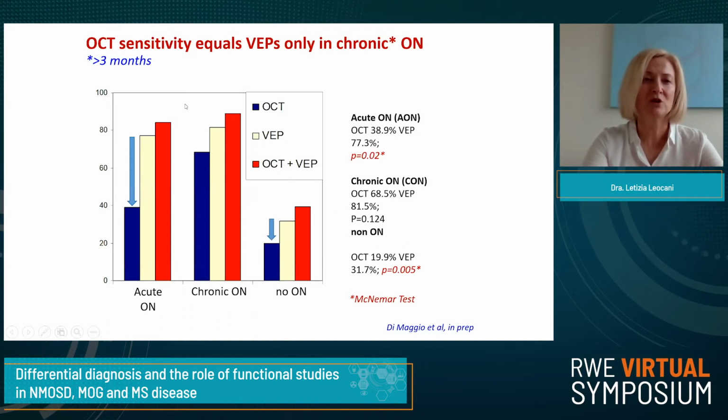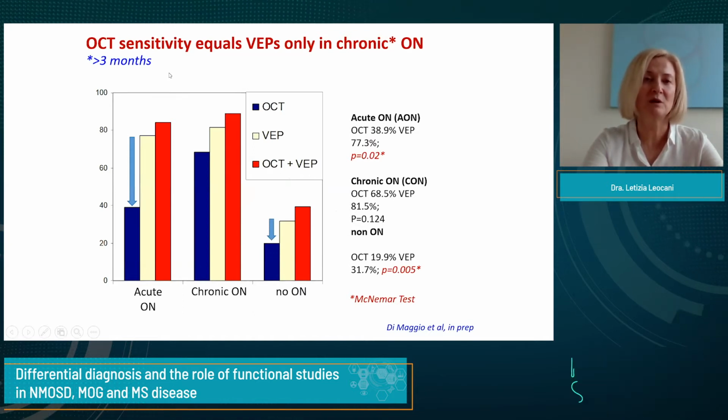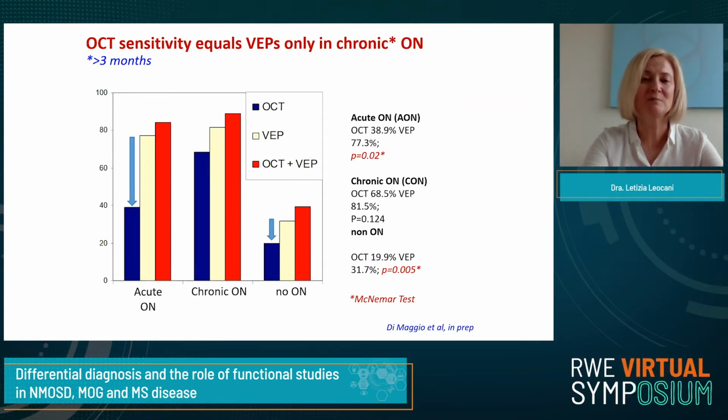But should we make a choice and choose between visual evoked potentials and OCT? Actually, it's better to have them both because they provide different information, as visual evoked potentials provide information on the conduction in the living and demyelinating axons, while OCT is providing information about the amount of loss of axons.